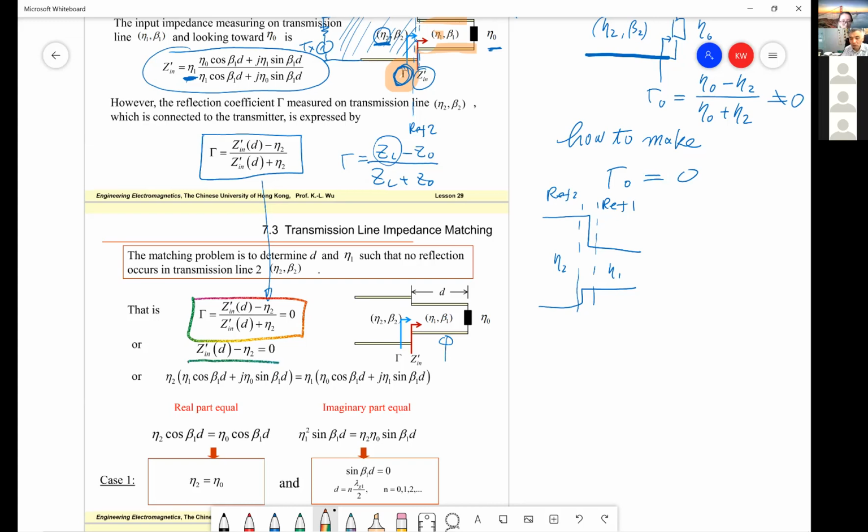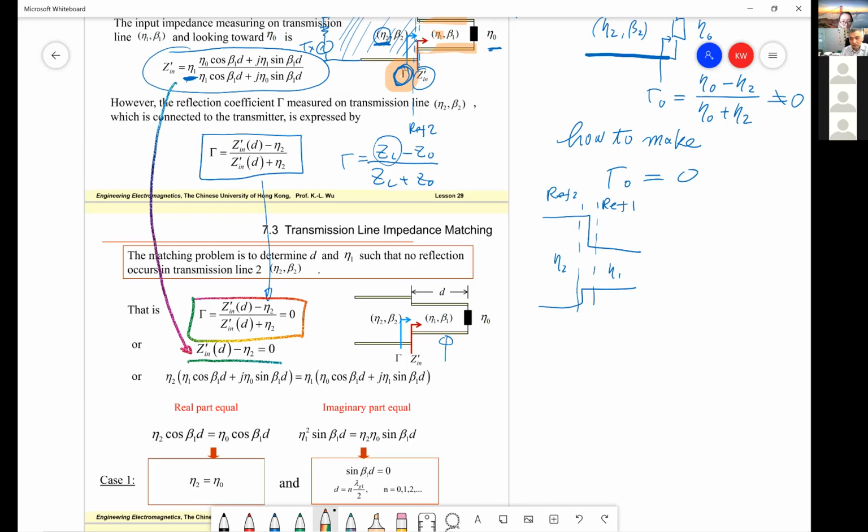If the numerator equals 0, we should substitute this into this, because we expand in terms of sine and cosine.